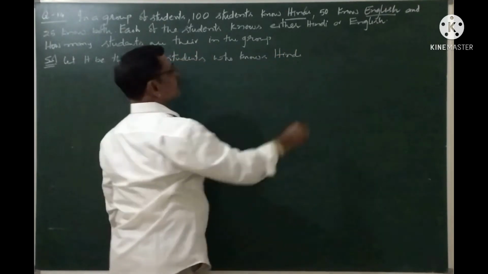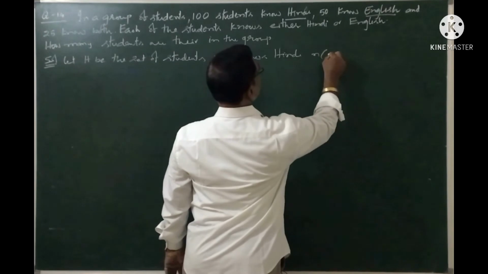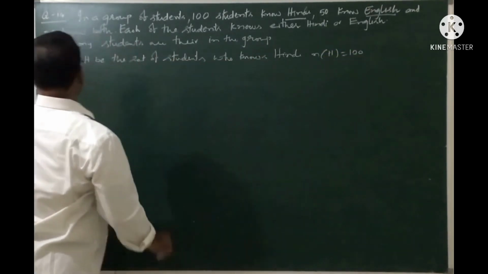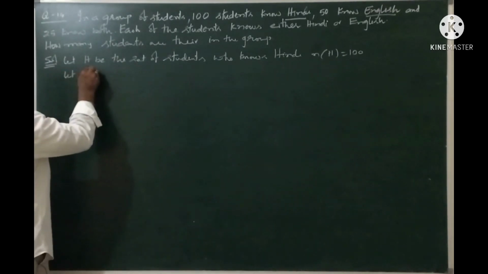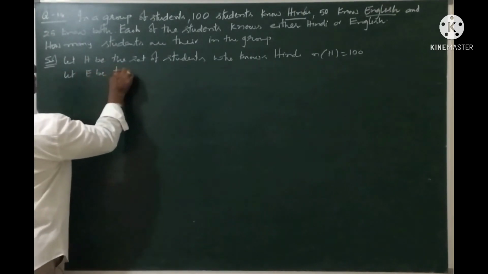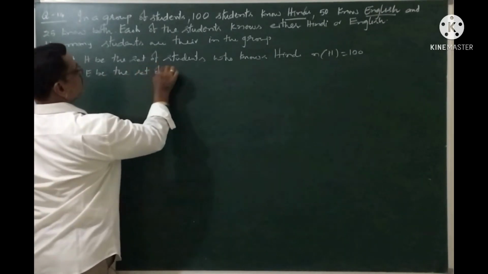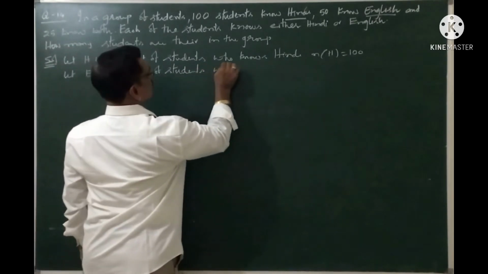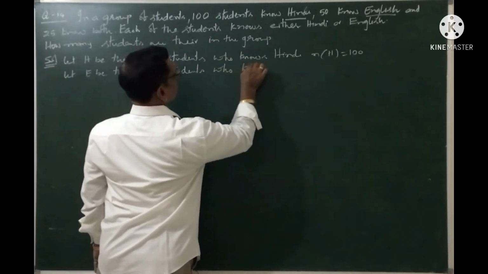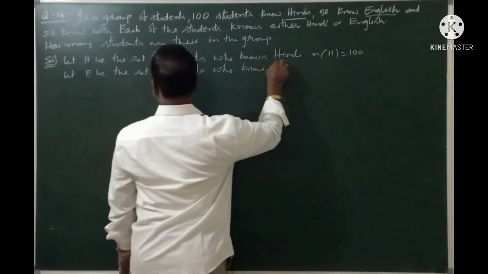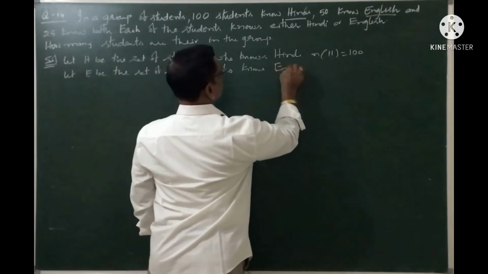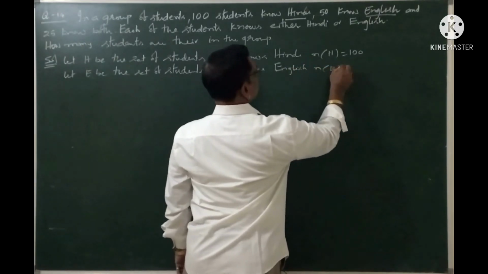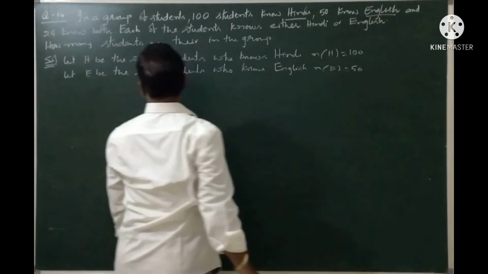And what is given? Given that n of H is equal to 100. The next one, let E be the set of students who know English, and English is given as 50.